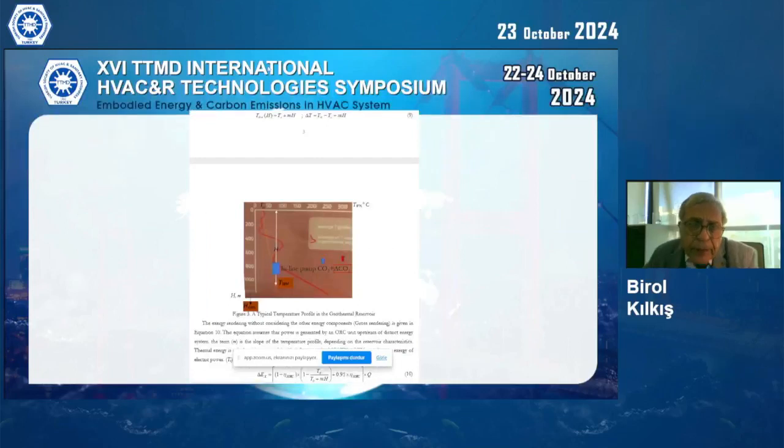This is a simplistic diagram just to remind that the deeper the well, the higher the temperature, but if there is a pump to pump this geothermal heat, the fluid, to the surface, we need a pump there also, and this pump has a carbon dioxide emission responsibility because it is using electricity, mostly coming from a fossil fuel power plant.